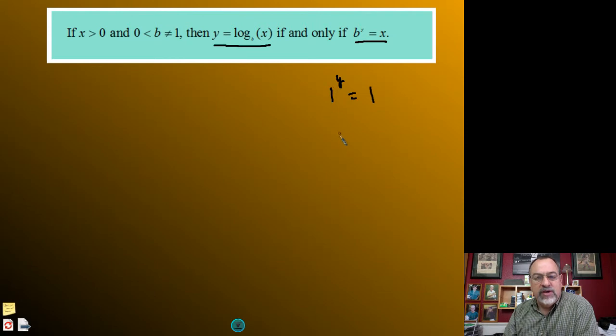Well, if the base is always a positive number and you're raising it to some power, this x value cannot be a negative number, because you can't multiply a positive number by itself any number of times and produce a negative number. A positive number raised to any power is always going to be a positive number. So for that reason, this x value will never be negative. So those are the two restrictions that we need to be aware of.